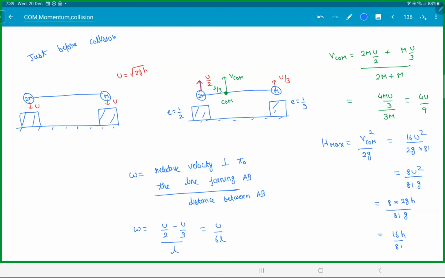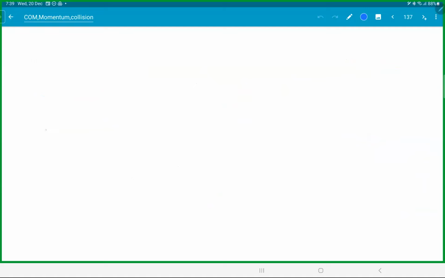The tension might be right. Let's see. So now when you want to find the tension, this is 2m, this is m, and this is the center of mass. This guy is going in a line, so this is how the motion will be. The 2m is like this, m is like this.